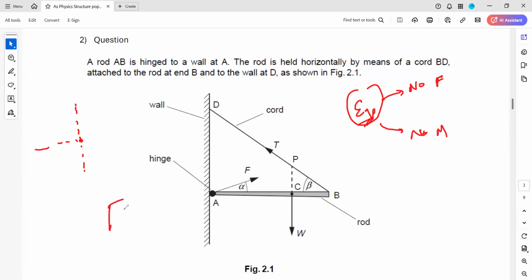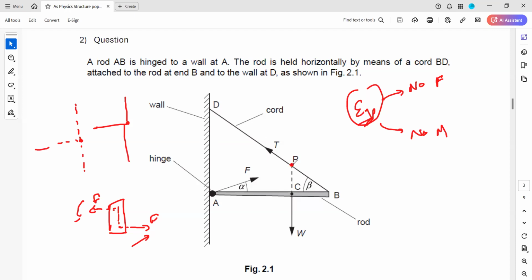Like if I say this is an object, here is a force F and another force F is here. So what will happen? This object will not be in equilibrium, not in balance. It will rotate. So to be in equilibrium, all the forces should meet at, or start from, a single point.